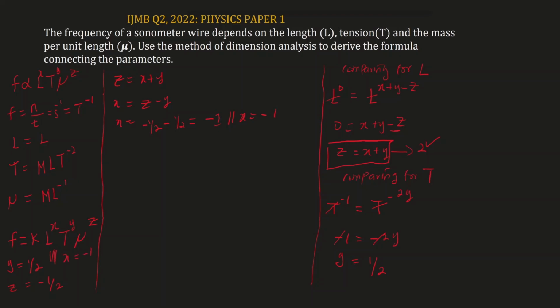So x equals negative 1. From our starting equation, we have f equal to k, L to the power of x, t to the power of y, linear density to the power of z. Now let's substitute the values that we have in the equation.